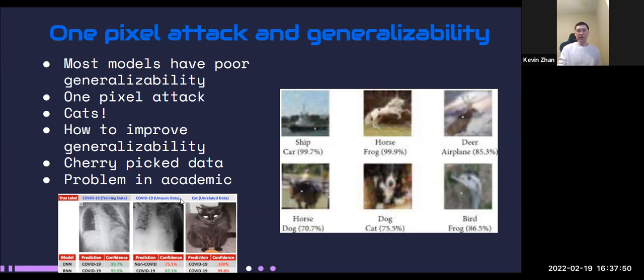Another thing is unseen data, especially with academic papers. A model might fare really well on test data, but on unseen data, it performs extremely poorly. For this one, they said they had 99.7% confidence, and then on the unseen data it drops down to 67.